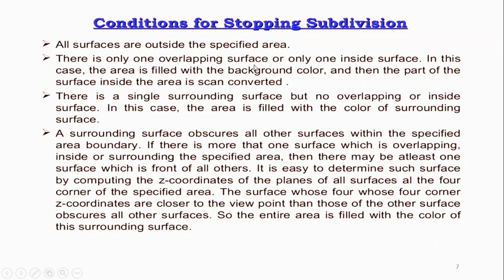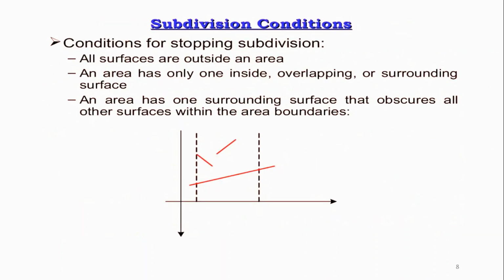If there is only one overlapping surface or only one inside surface, you can apply the background color, and then the surface can be removed or scan converted. If there is a single surrounding surface but no overlapping or inside surface, the area is filled with the color of the surrounding surface. So based on some conditions, we can stop the subdivision.